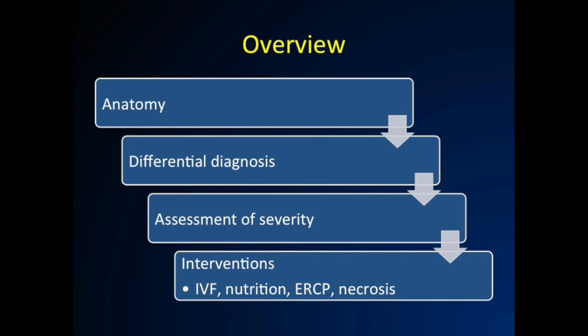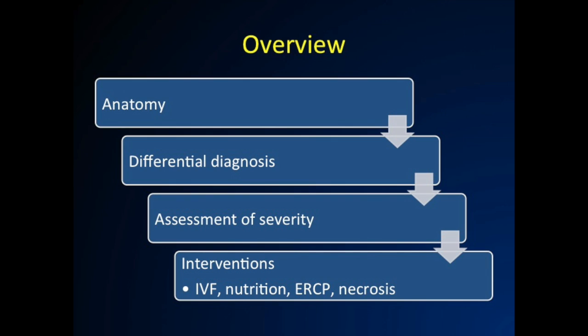So the way that this lecture will be organized, I want to touch on anatomy because we sort of forget about that, and pancreatic anatomy is important for understanding the local complications that can develop from acute pancreatitis, and in some cases the cause of the acute pancreatitis, although I qualify that with a maybe because that's a controversial area.